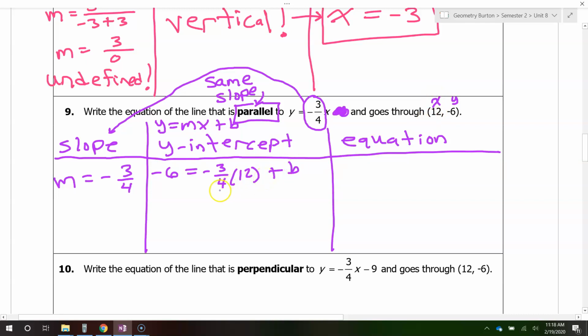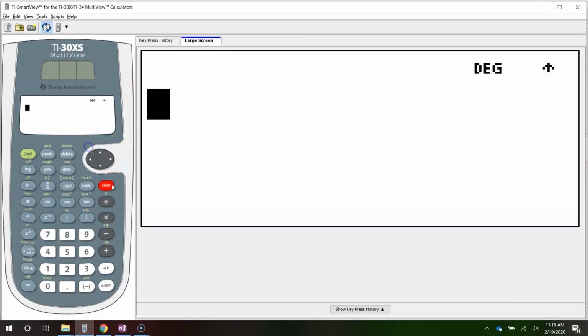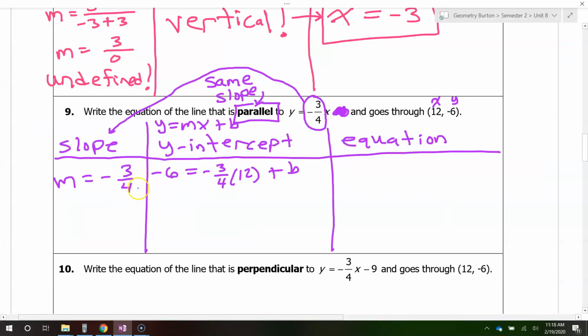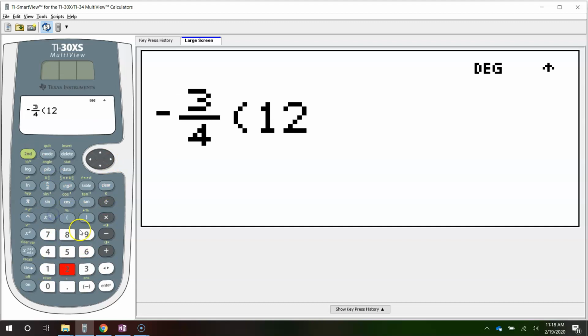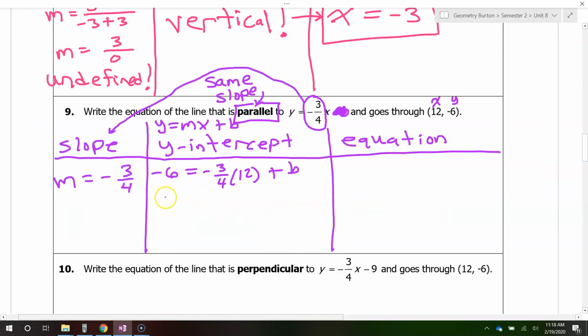I can do this in my head because 4 goes into 12 3 times, and 3 times -3 is -9. But if you're not good at that, then use your calculator: -3/4 times 12, and that's -9. So do what you got to do, people.